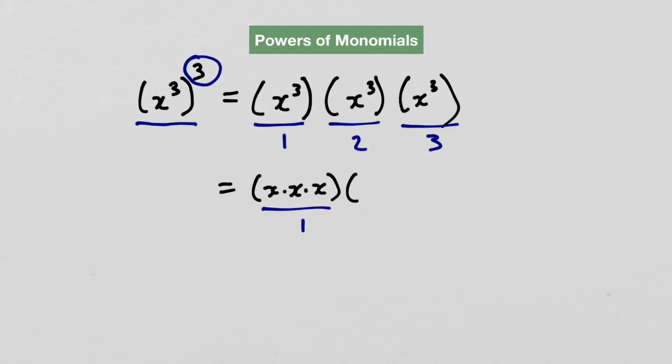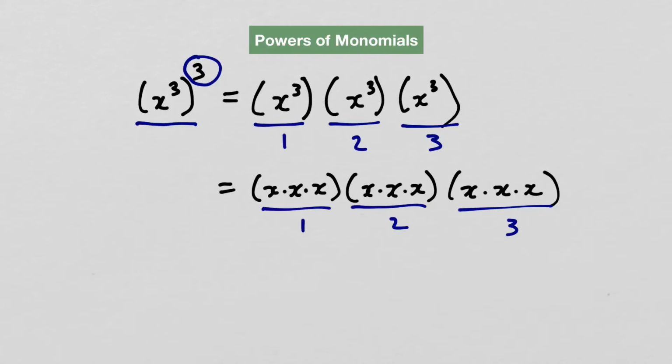Then we're going to multiply by the same thing again, x times x times x, and also x times x times x. Okay, 2 sets there. 2 more sets, 2, that's 3. Okay, so in looking at just what's written in black, we know that we have 3, 6, 9 x's, and therefore the final answer is x to the 9th power.